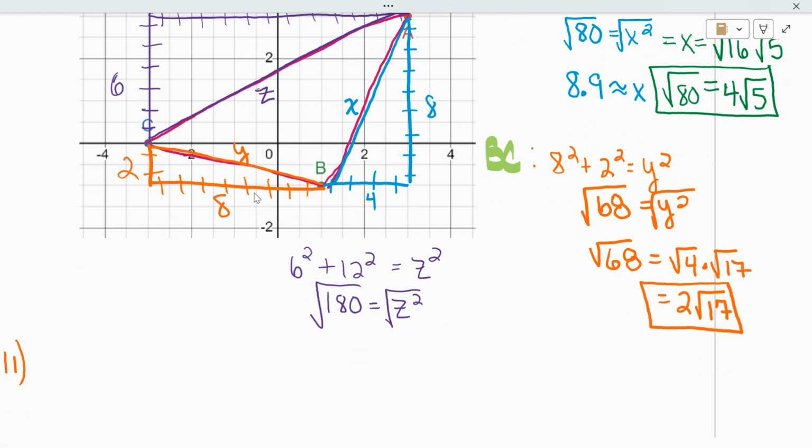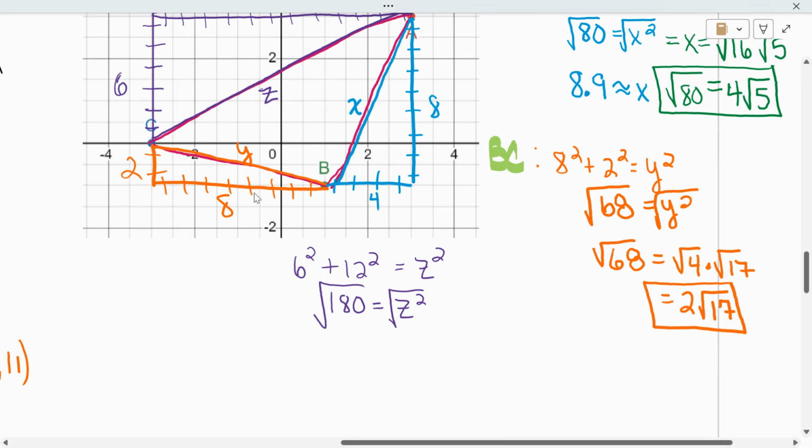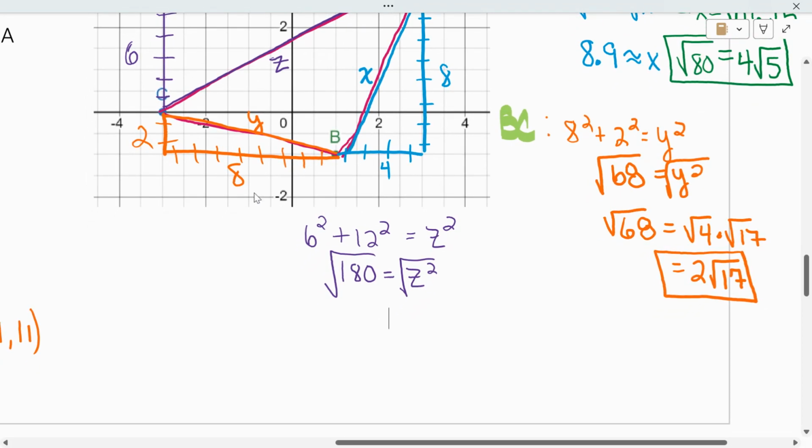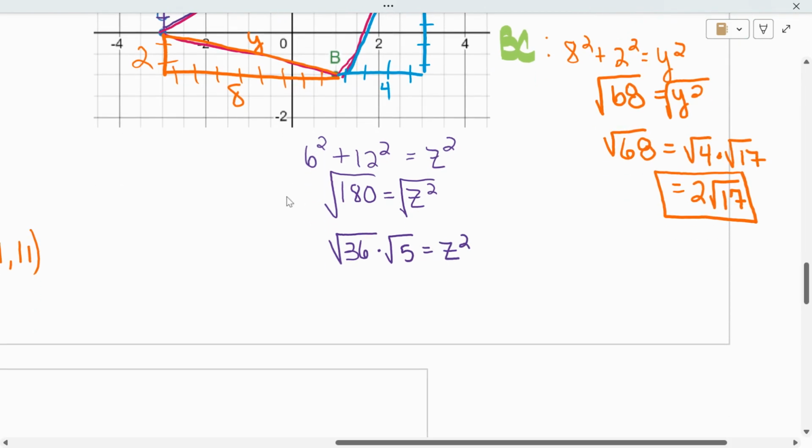No, it's not. Is it divisible by 36? It is. So this is the same thing as the square root of 36 times the square root of 5. What is the square root of 36? 6. And so this is 6 root 5.